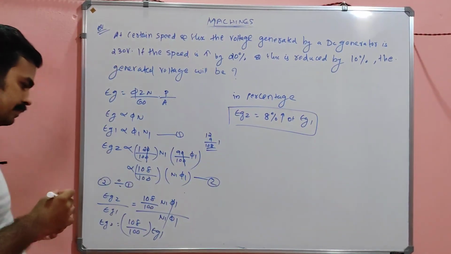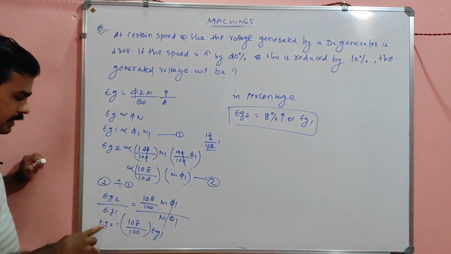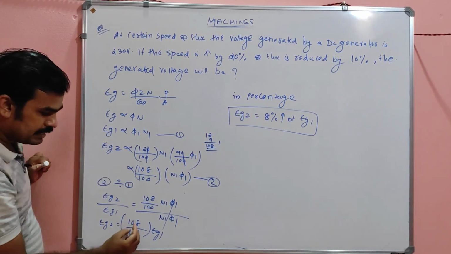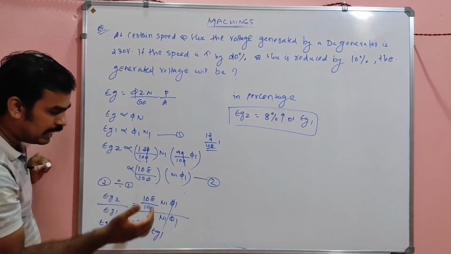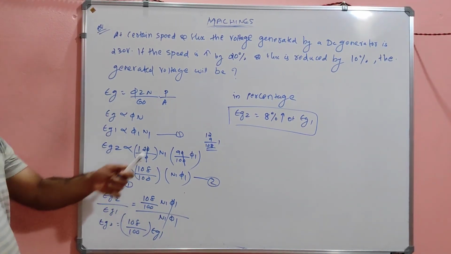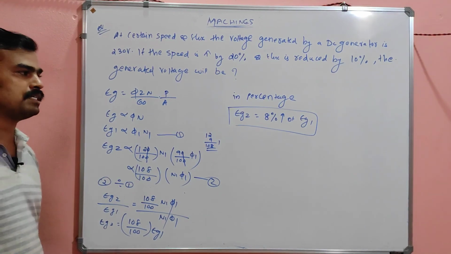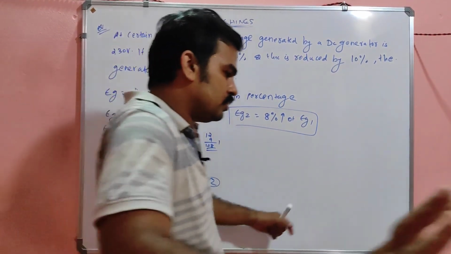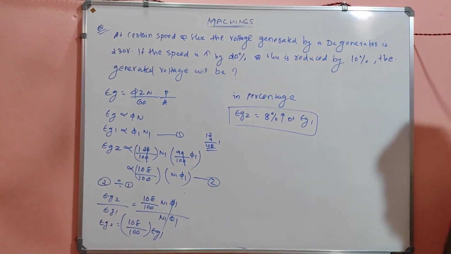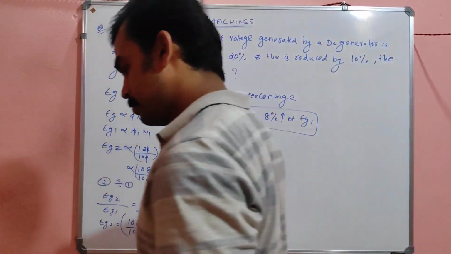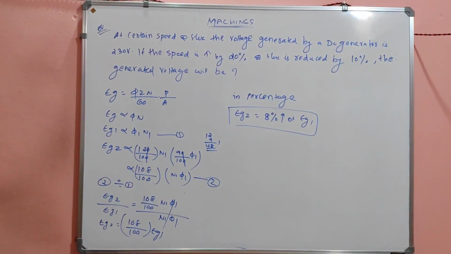Am I correct, my dear? Eg2 will be 8% more than Eg1. So this will be the answer: Eg2 equals 8% more than Eg1. That's all about the answer, my dear. So Eg2 will be increased by 8%.